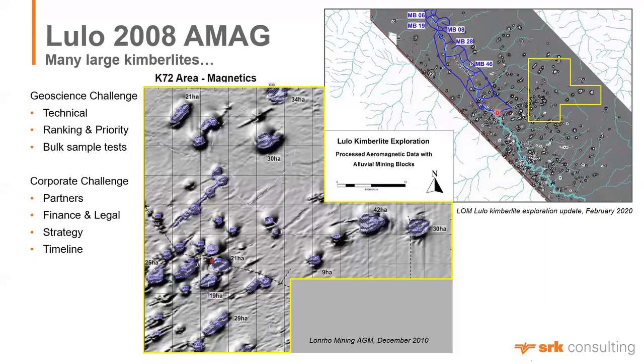This is their alluvial production scenario that I've just highlighted. The block in yellow over here is highlighted at the bottom over here. Look at these numbers: 30 hectares, 9 hectares, 29, 30, 34, 21 hectares. Very large, many, many large kimberlites. However, we know that there's 200 meters of landscape erosion over here.